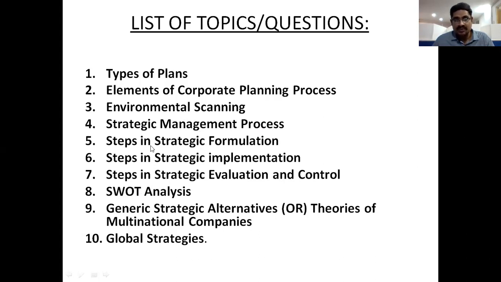That is the second step, strategic formulation. After completion of formulation, we implement these strategies. Then comes evaluation and control of the strategies which were formulated by us. So these three steps belong to the strategic management process, right?